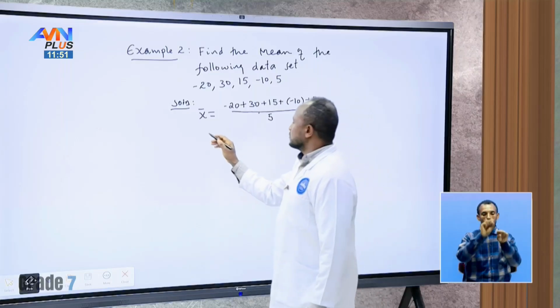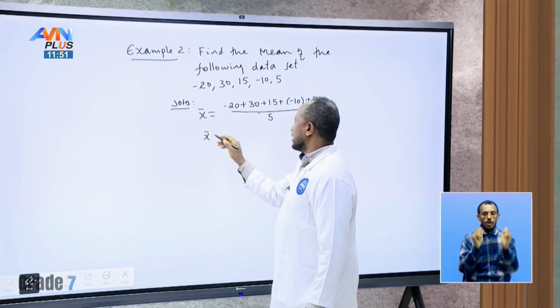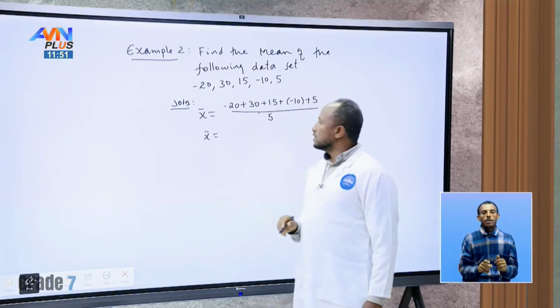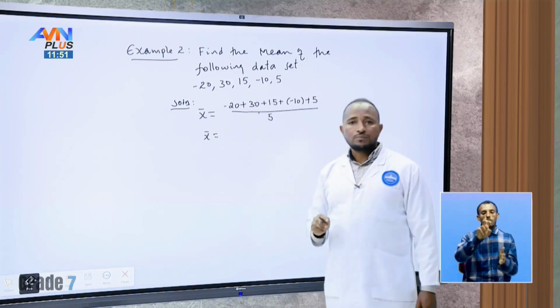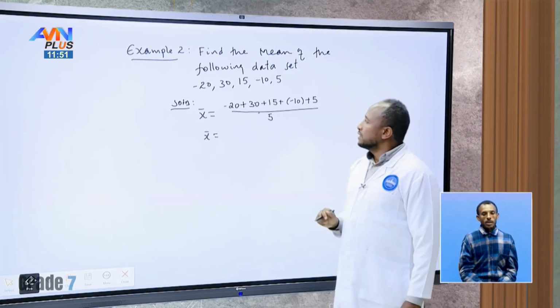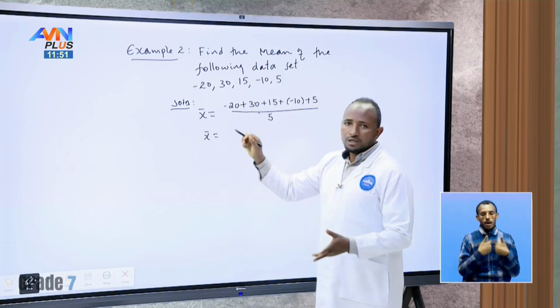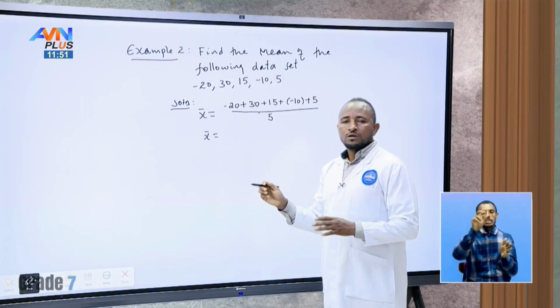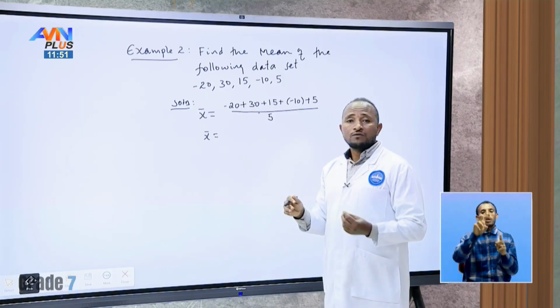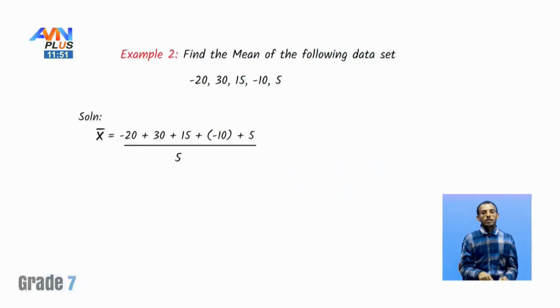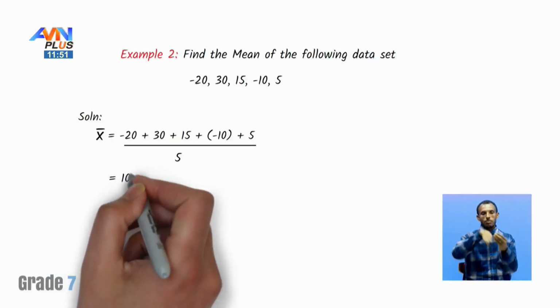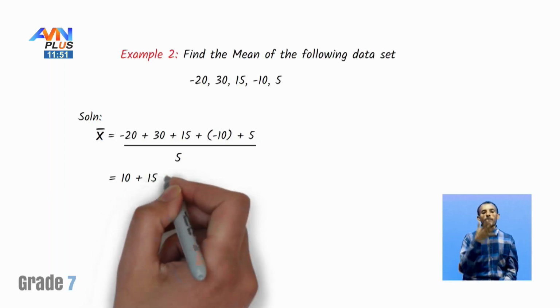So this will be equal to x bar, or mean is equal to, let's add these two, negative 20 plus 30. Here we have 20 negative and 30 positive, so 20 negative cancel out, you have only 10 positive. So the sum of these two will be positive 10 plus 15.